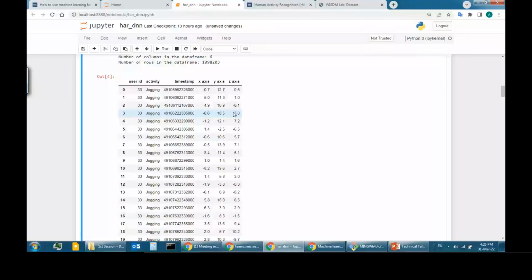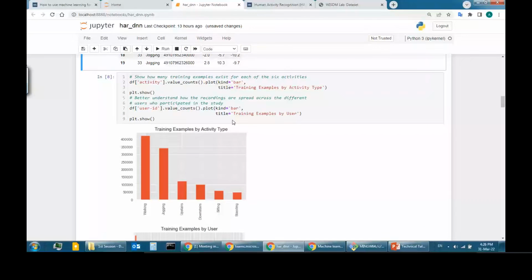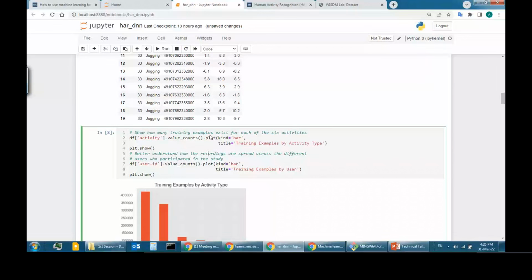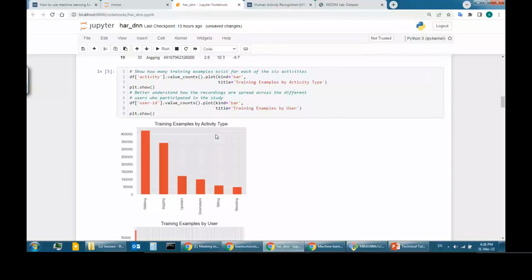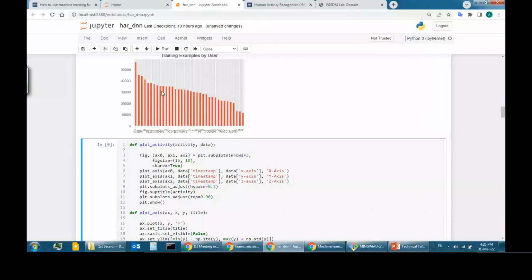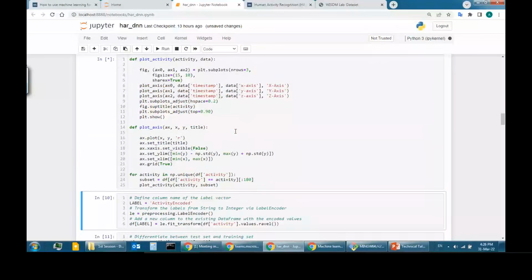Later on, we will do some kind of standardization. But before that, this is just visualizing the data. So this is how many walking, how many jogging samples you have. And this is different people with different kinds of readings. These are functions to plot the data. So if you plot the data, it will look like this.